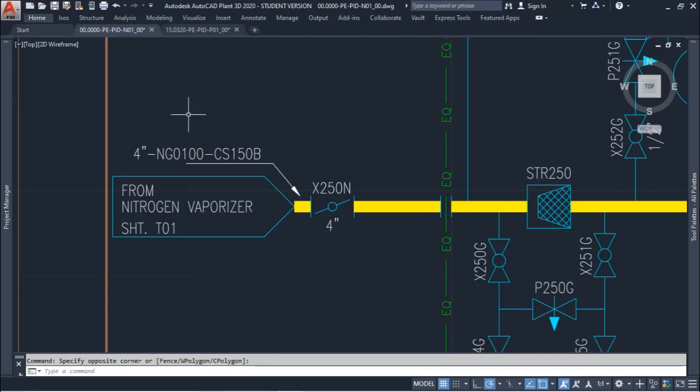We have also the information of the piping material, so in this case CS means carbon steel, and the 150 is related with the pressure class of this piping system, and with that I know what is the maximum allowable working pressure based on temperature of operation, or also based on the project temperature.